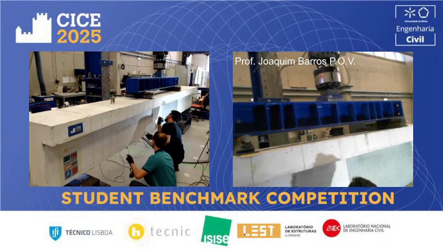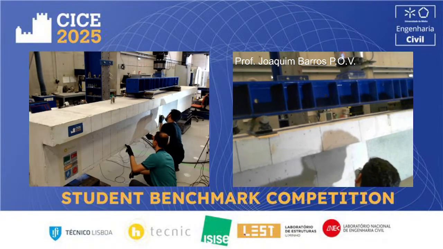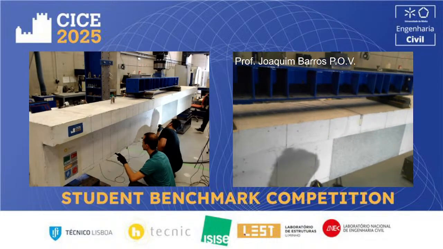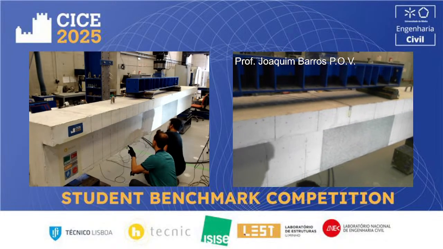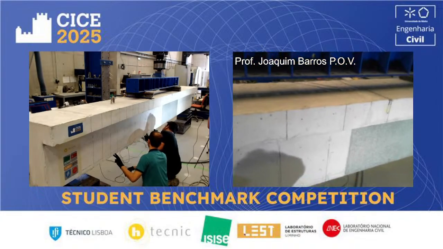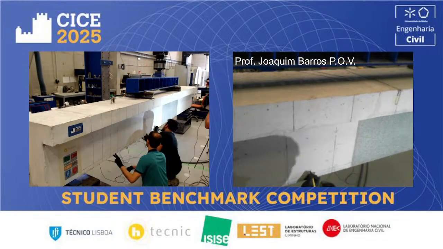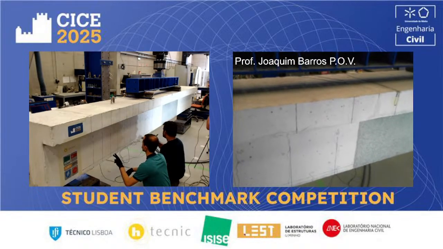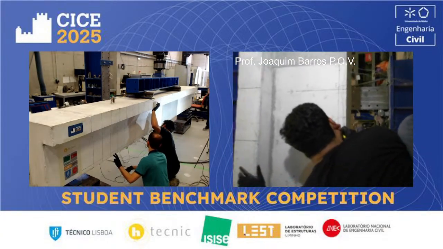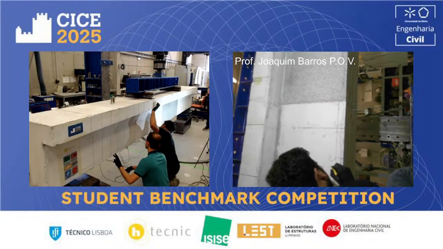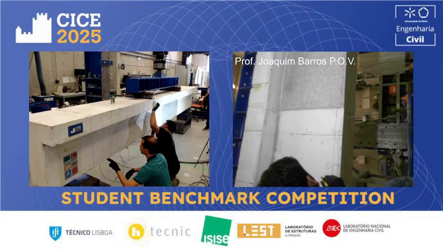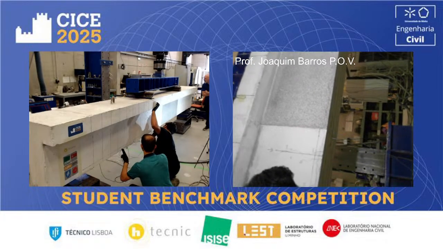So 100 kilonewtons. In the top face, as you can see, we have a strain gauge to measure the compressive strain in the concrete, while in the bottom we have strain gauges installed in the steel as well as in the CFRP laminates. 108.